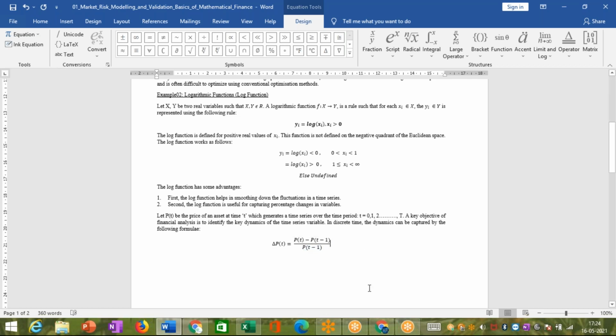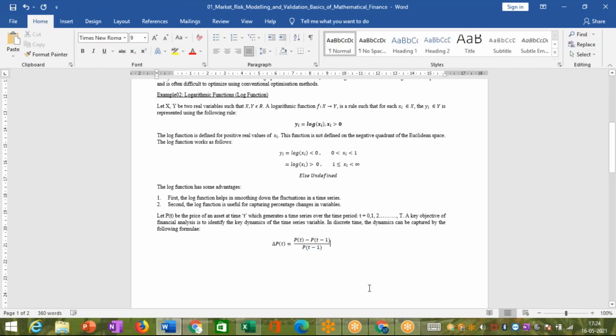So in a discrete time period, this is the percentage change, right? So this can easily be captured because the time period is discrete in nature.